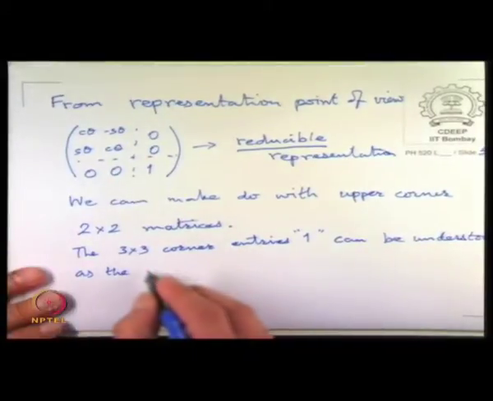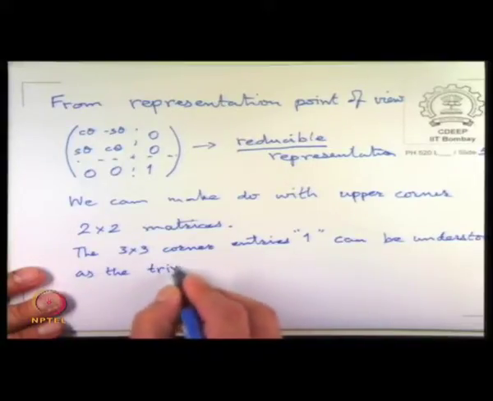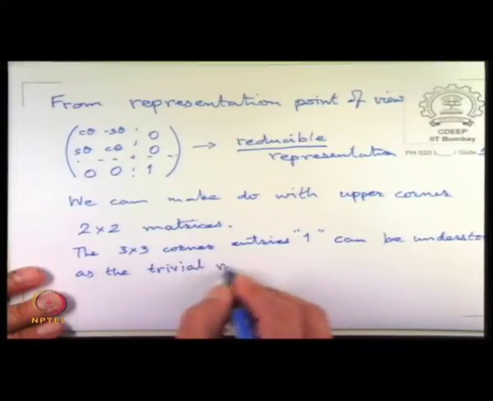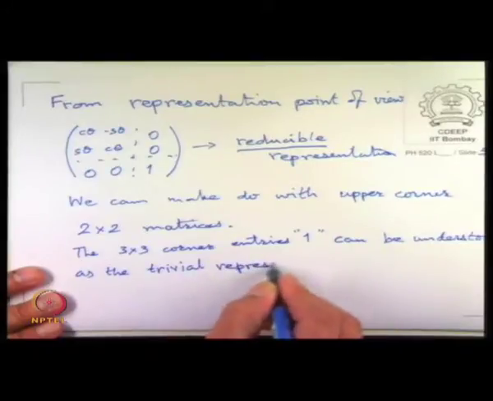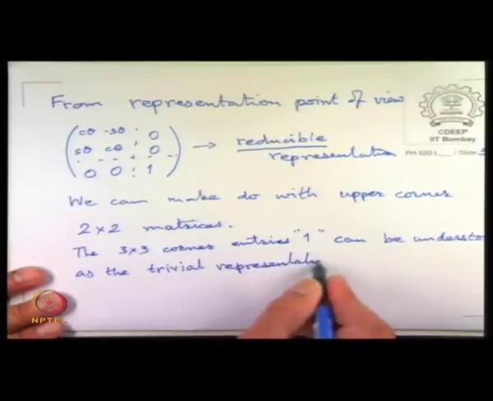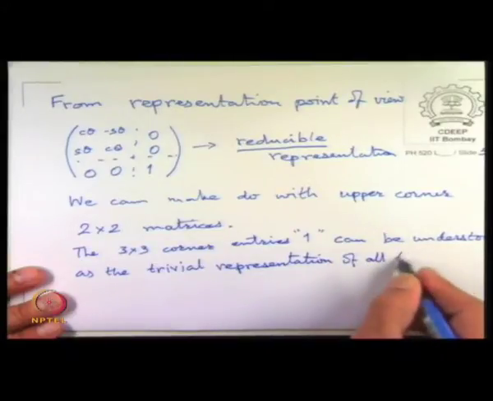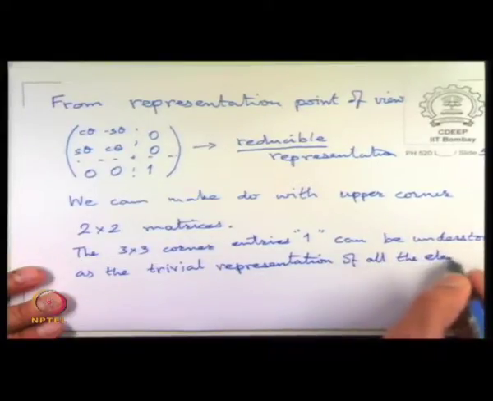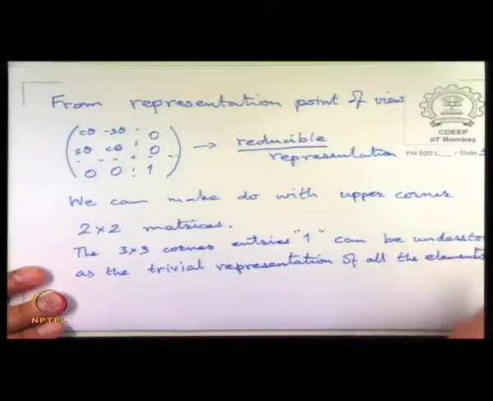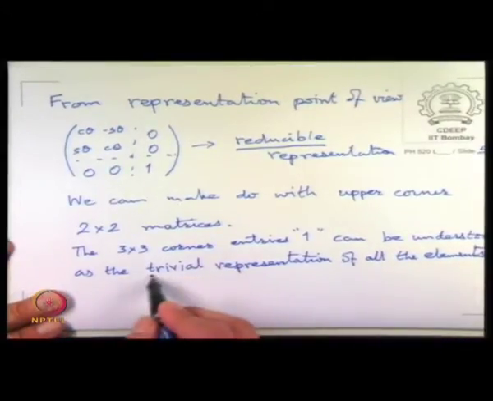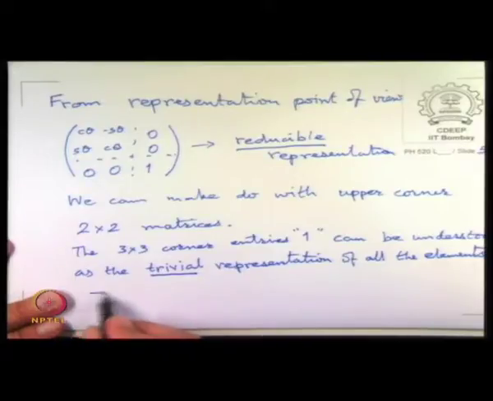So it has the trivial representation, all the elements. This representation is reducible, is unfaithful.